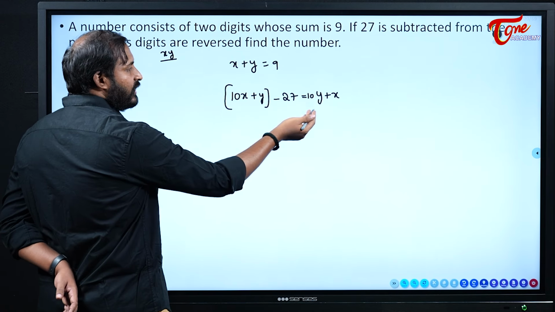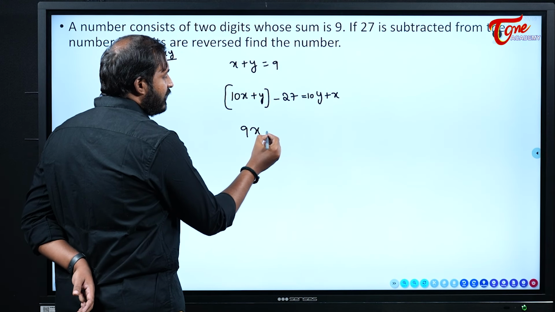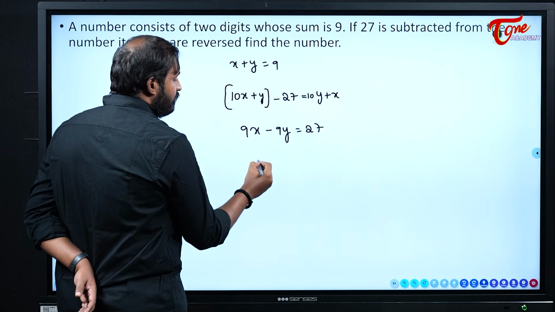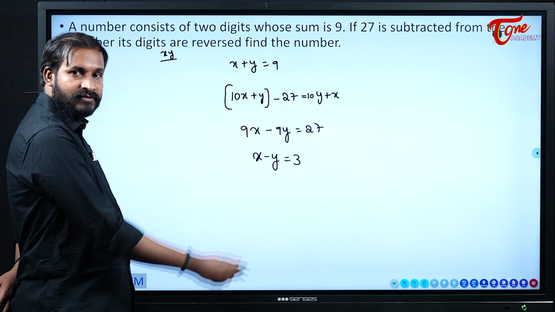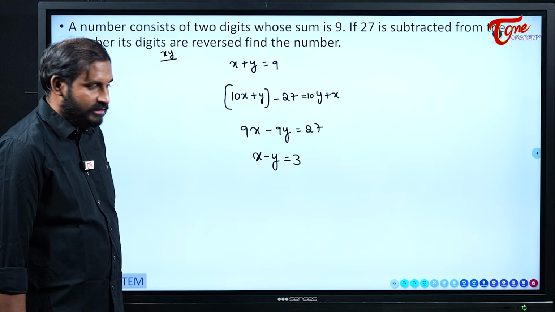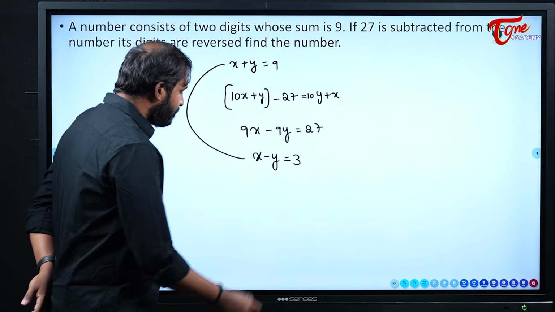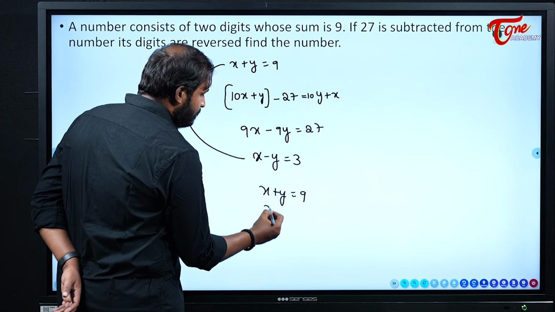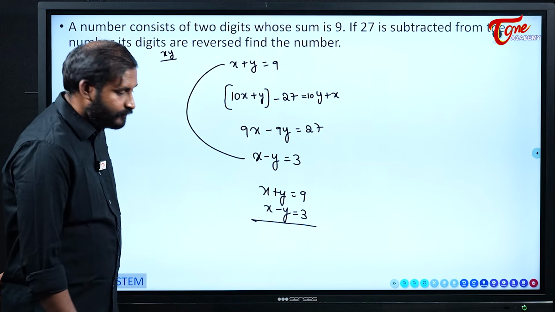Now, same thing, 27 I will send to that side and I will send the remaining things to this side. So, what will I get here? 9x minus 9y is equal to 27. From this, x minus y is equal to 3. The reason is I will take 9 common and send it to that side. I have x plus y is equal to 9 and x minus y is equal to 3.